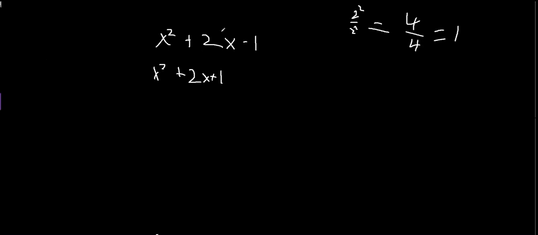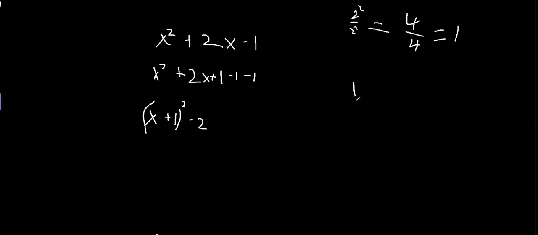Right? So plus 1, minus 1, minus 1. And then we can compact this down: x plus 1, squared. And then that's doing numbers. Negative 1 plus negative 1 equals minus 2.